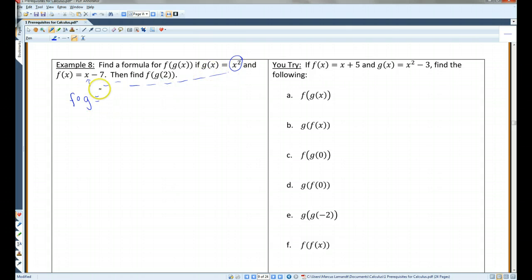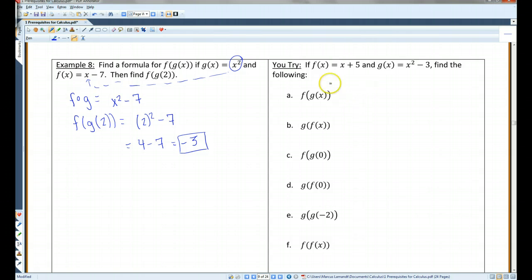And plug it in there for my variable. So I've got x squared minus 7. Now, I'm going to find f of g of 2, which is just 2 squared minus 7, or 4 minus 7, which is negative 3.